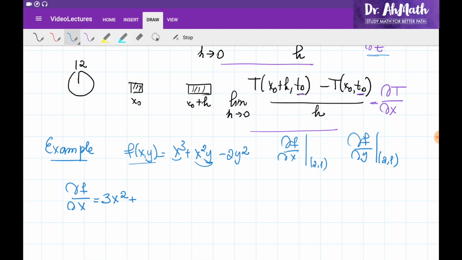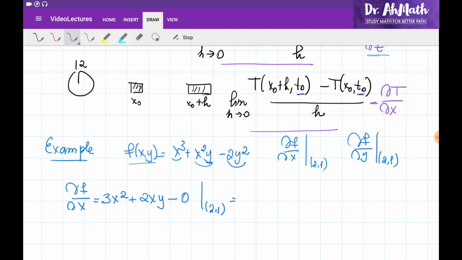I look at this function and I see that y is the constant because y is fixed, right? I'm not changing the y, I'm just changing the values for x. It's going to be 2x multiplied by y minus the derivative of t y squared. It's going to be simply 0 because I'm taking the derivative with respect to x. Now I need to evaluate this function at t and 1.